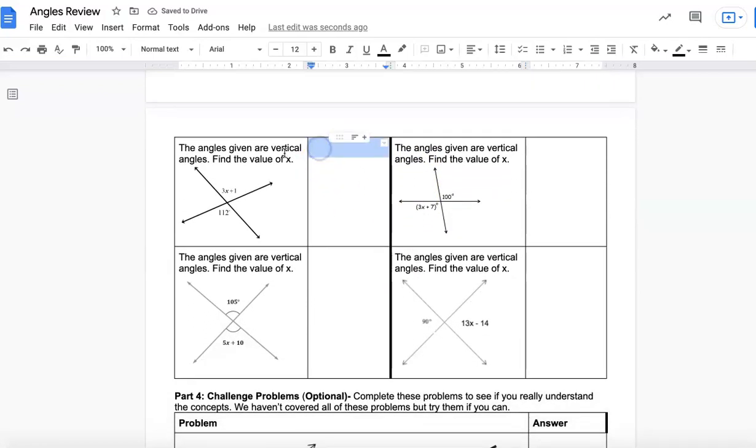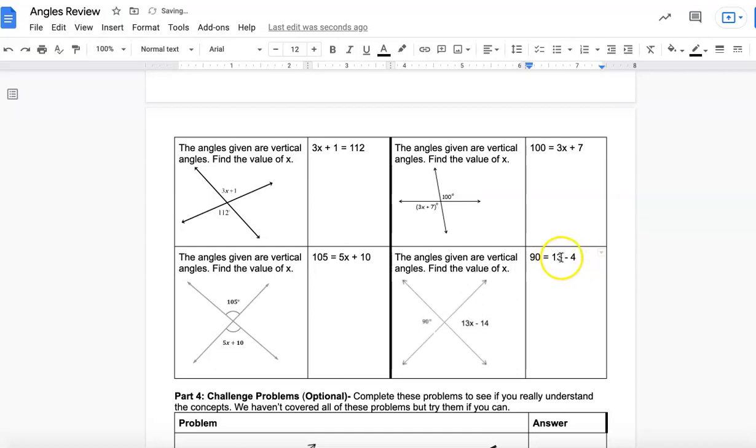Keep going. The rest of these, I'm not going to reread them, so we know all of these sets are vertical angles. So we can automatically just go and set the sets of angles equal to each other. So I'm going to do that first with all of them. So I'm literally just setting this side equal to that side, exactly as is, equals 5x plus 10, and 90 equals 13x minus 4.